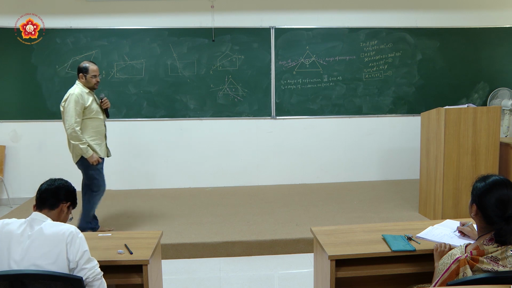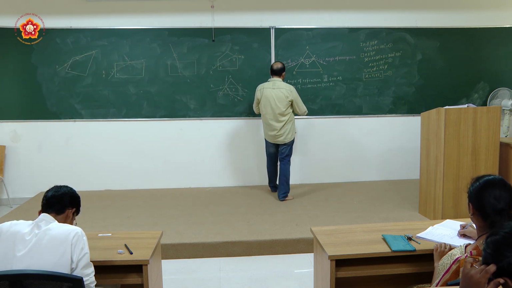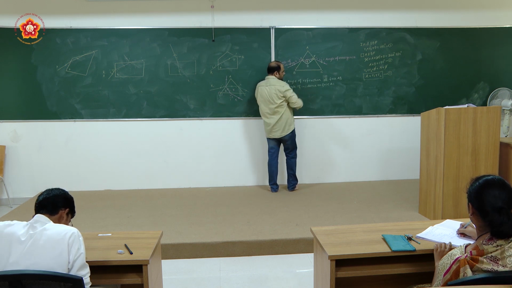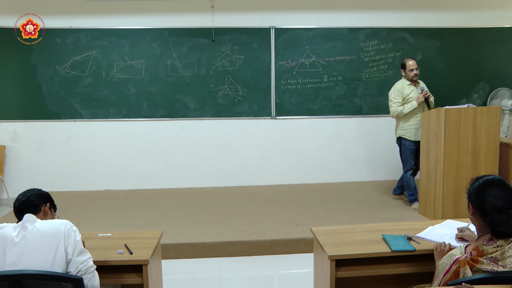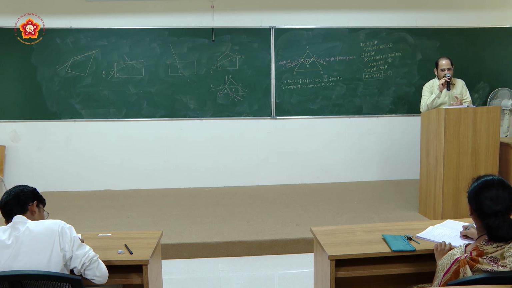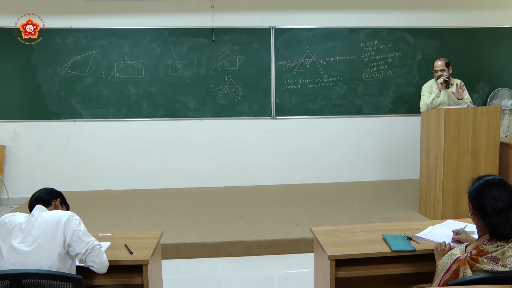Now there are small important things that you should take care of. You should always show the ray diagram with the light incident on the lower part, not on the upper part. If you show the ray of light incident on the upper part, the figure of the triangle would appear very small. So you should draw the ray diagram on the lower side so that it appears properly.